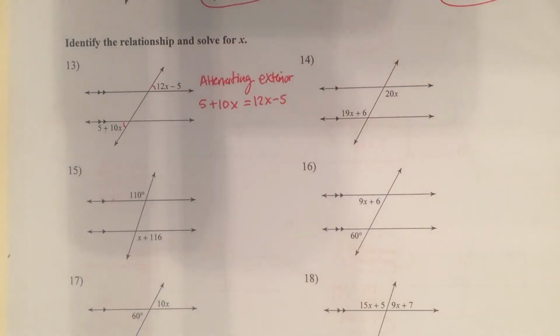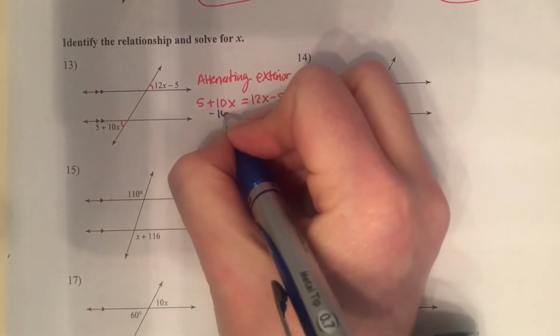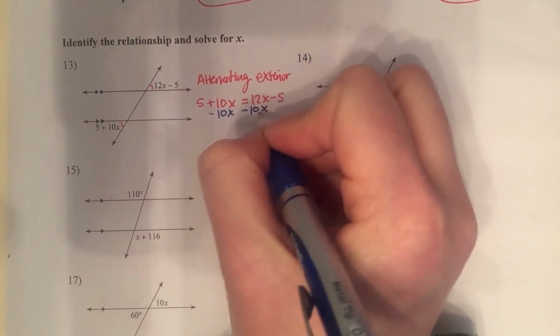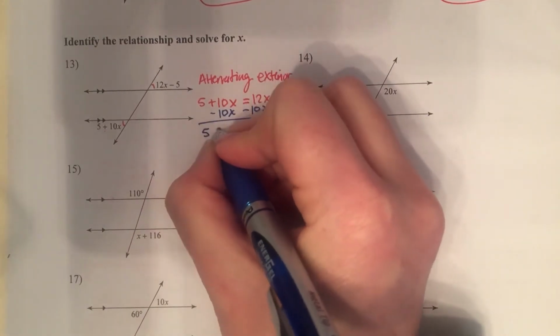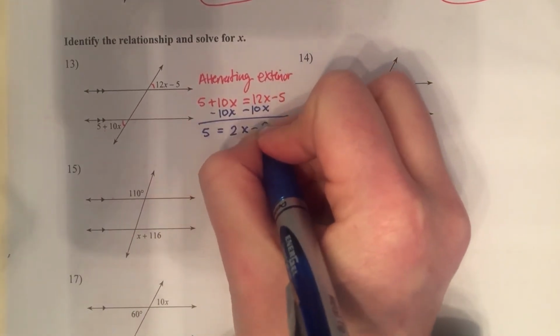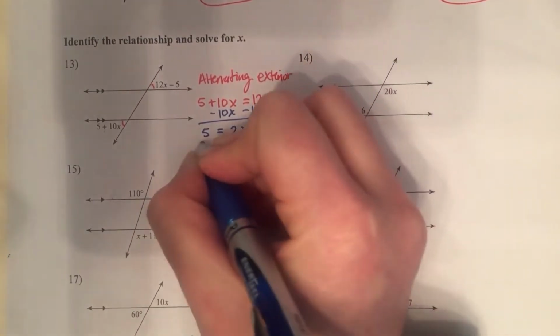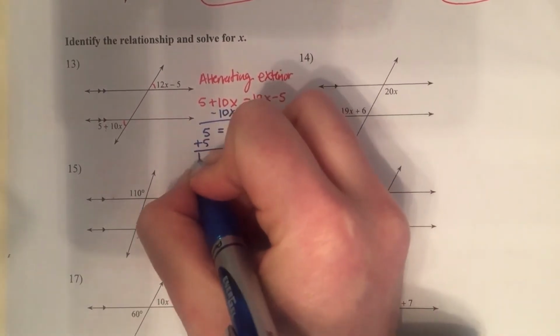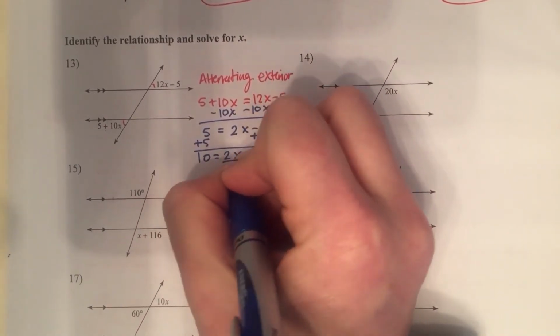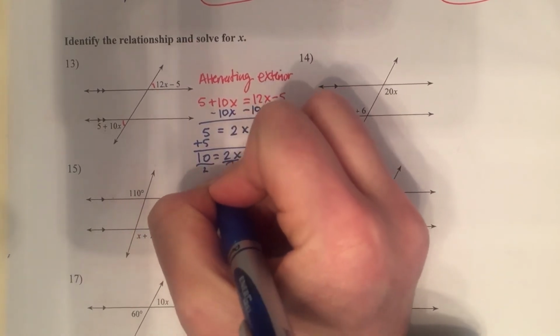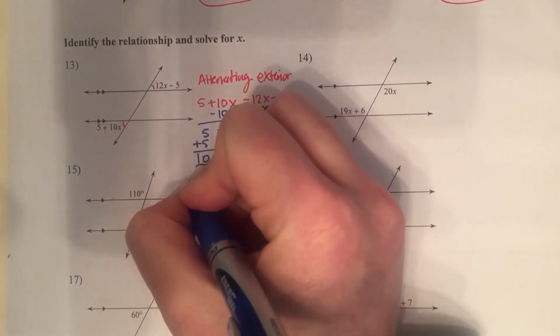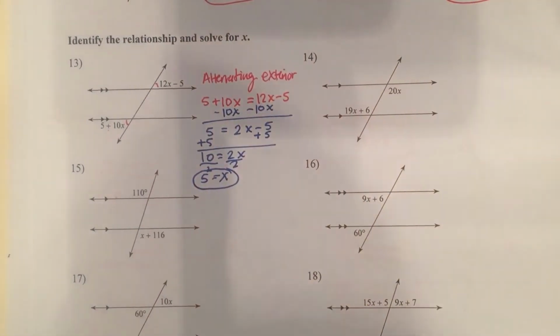Now I can solve for x. Subtract 10x from both. 5 equals 2x minus 5. Add the 5 over. 10 equals 2x. Divide, and x is equal to 5.